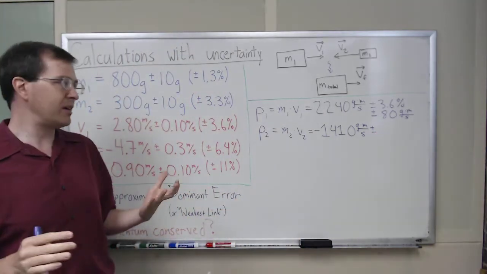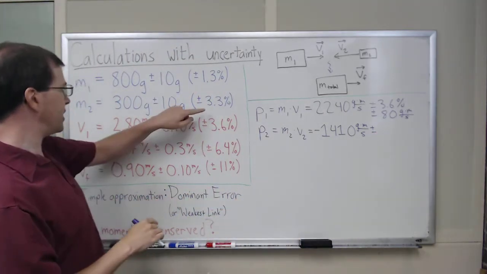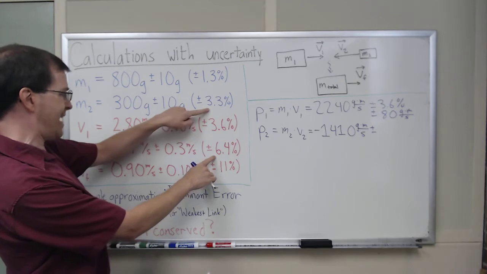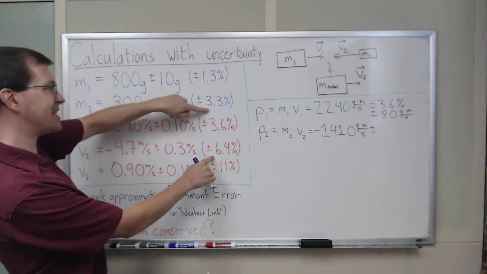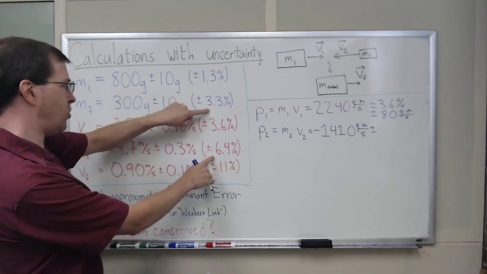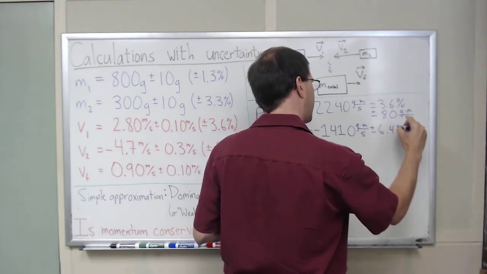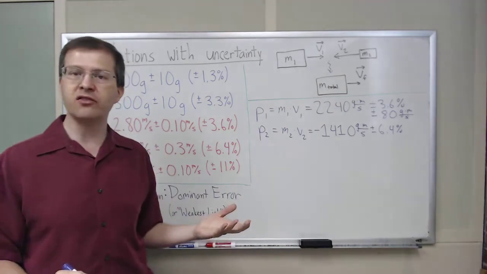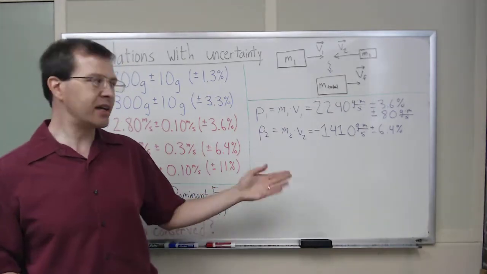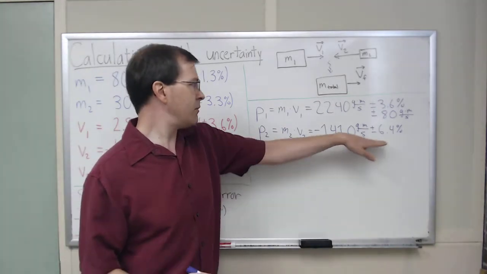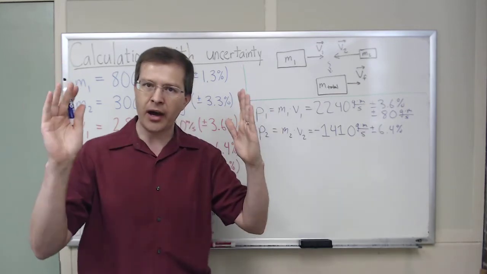my dominant error rule will tell me that I look at this, and the 6.4% is a bigger uncertainty. So plus or minus 6.4%. And if I want to know what it gives me for an absolute uncertainty, I can just multiply 1410 by 6.4%. I take absolute values for uncertainty.